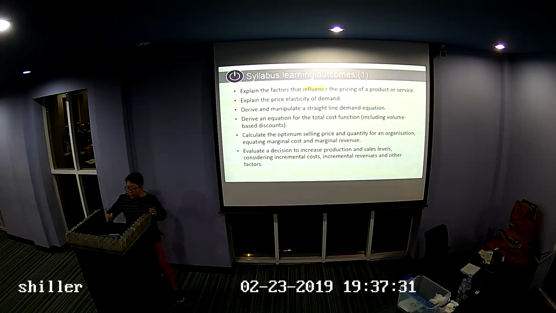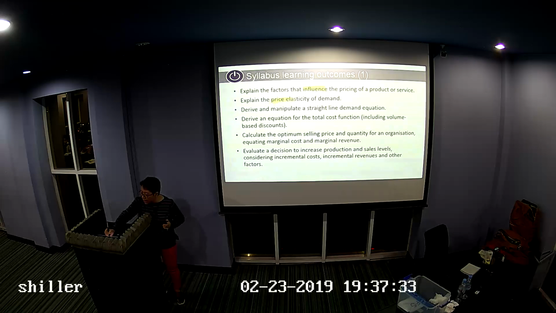Then we will look at price elasticity of demand. For those who've done marketing, they refer to this as the PED, price elasticity of demand. Then we look at the straight line equation to determine costs and relationship of cost.